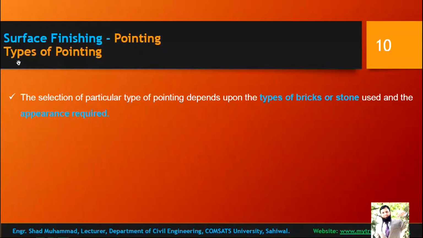Okay, types of pointing. The selection of the particular type of pointing depends upon the types of bricks or stones used and the appearance required. Certainly, if you are using stone masonry, then you must prefer pointing.